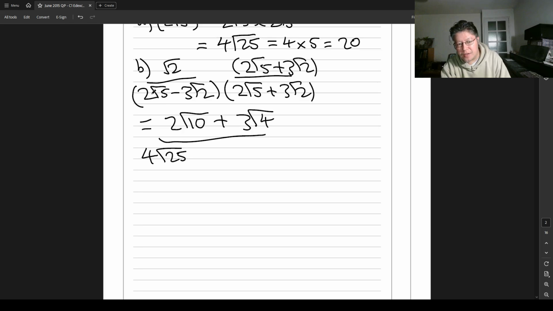The outer term gives plus 6 root 10. The inner term gives minus 6 root 10. And the last term is minus 9 root 4.